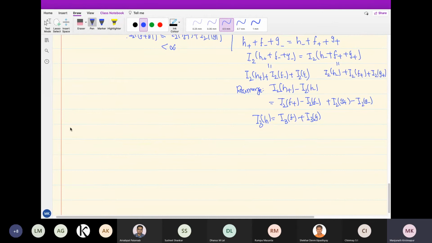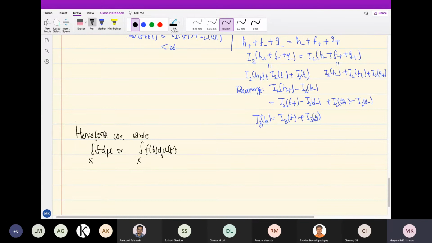So henceforth we will write integral f d mu, or to be most explicit, f of t d mu of t, with a dummy variable.